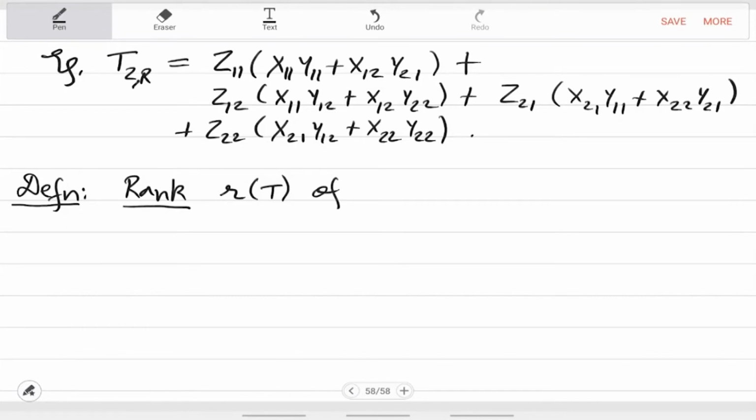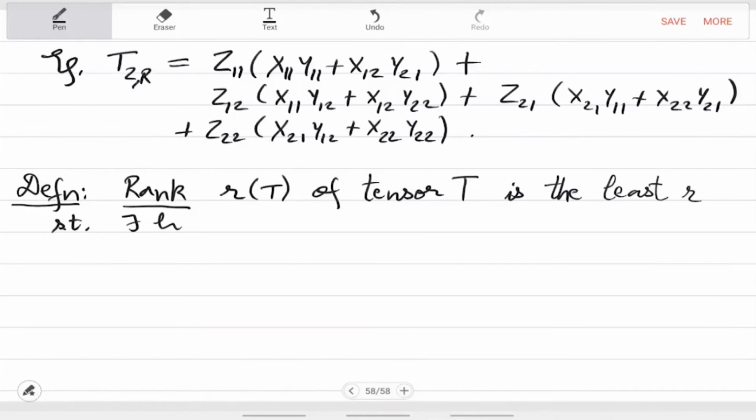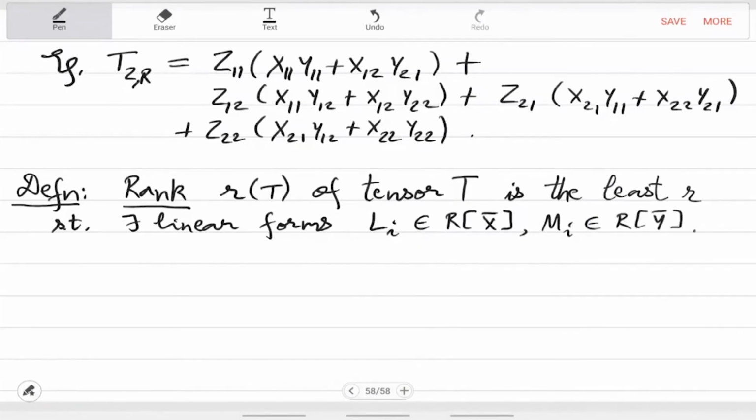So the rank of a tensor T is the least number R such that there exist linear forms L_i, which are purely in terms of x variables, then M_i, which are purely in terms of y variables, and N_i, purely in terms of z variables.